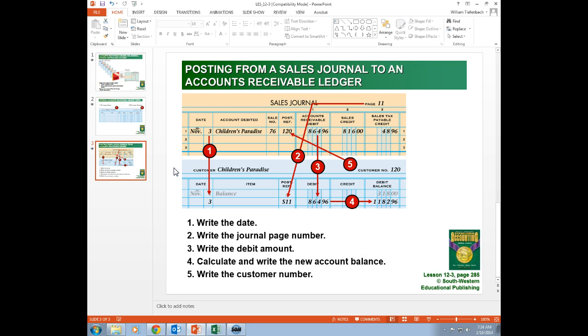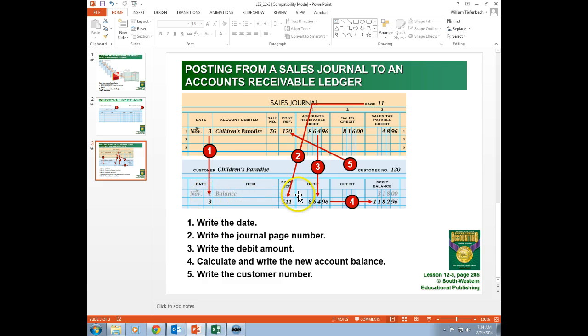From the sales journal, I am on page 285, 12-3. This takes you through step by step. If this is my sales journal, we see that we have an accounts receivable here. We've sold merchandise on account to Children's Paradise. We're going to first take the date and put that down into the ledger account.